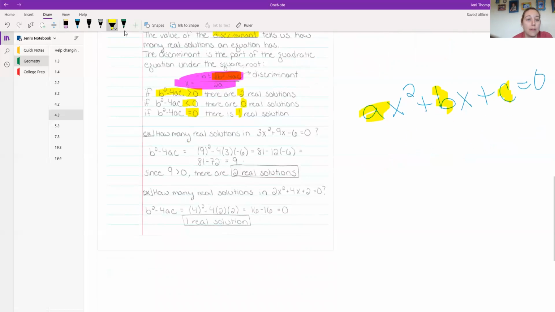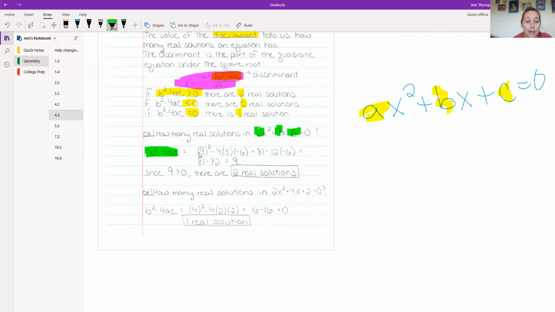So let's take a look at a couple of examples that talk about figuring out the discriminant and then using it to figure out how many real solutions we have. So here's the equation that we're starting with, right? Here's my a, here's my b, and here's my c. So remember, the discriminant is just the piece under the square root sign. So b squared minus 4ac. We're going to plug our a, b, and c into their spots for our discriminant.